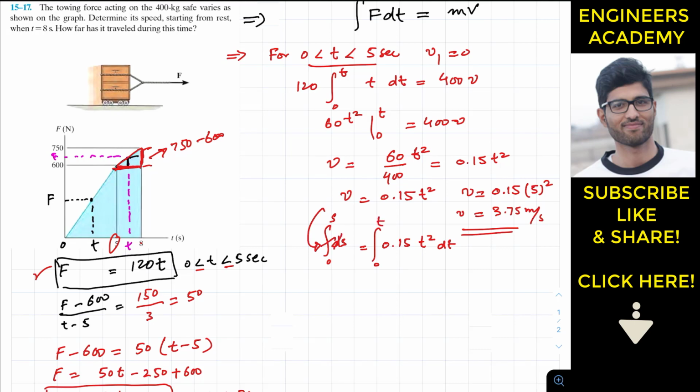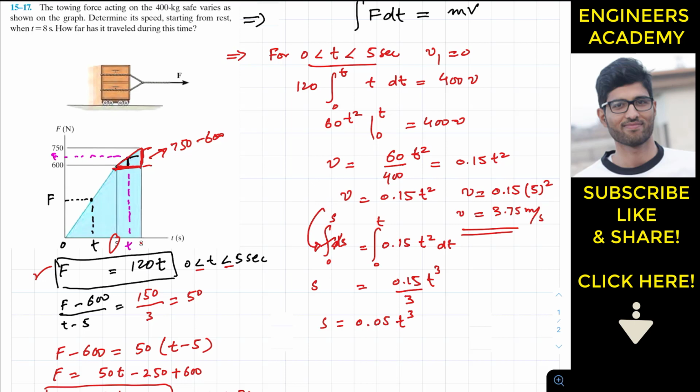So when we integrate this, d will cancel out and we will have s minus 0, and this will be 0.15 t to the power 3 divided by 3, from 0 to t. If we put these limits, we will be left with this same equation. So now s is equal to 0.15 divided by 3 into t cube.